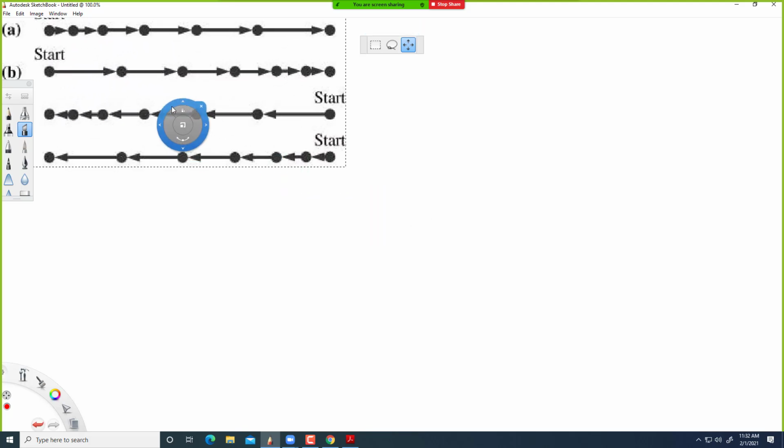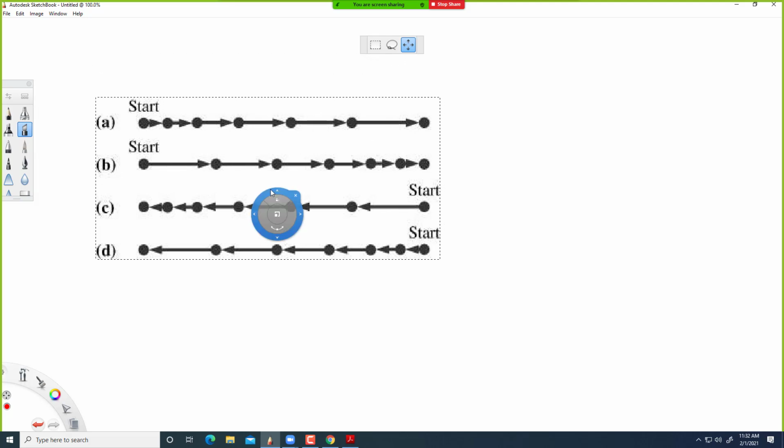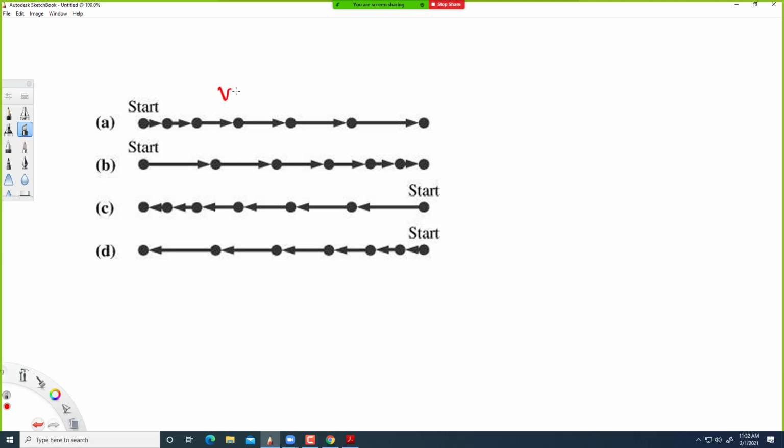Okay, so let's see if that's the right one. In this one, velocity is positive. Here in this one, velocity is positive. In this one, velocity is negative. Going to the left means velocity is negative.